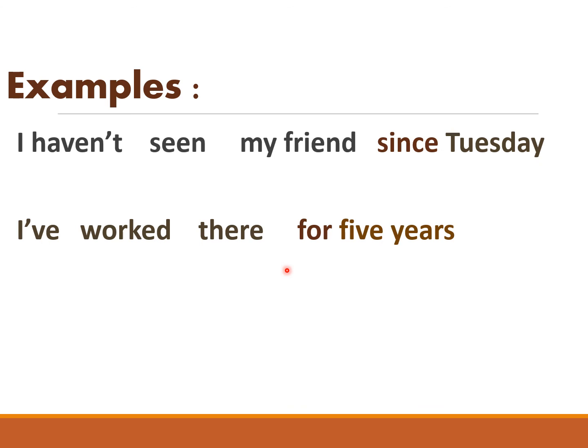But if we want to say 2004, here we know when the action started, so we use since. So, since is used with the starting point of the time, but for with a period of time.